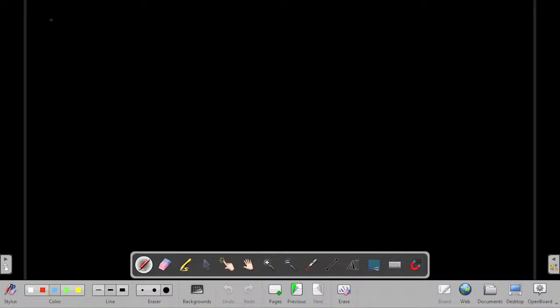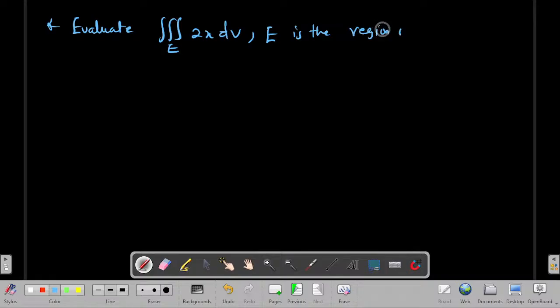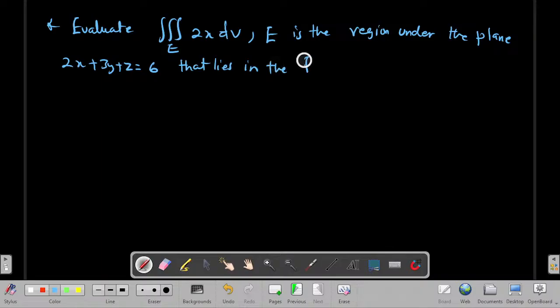So the problem says evaluate the triple integral over E of 2x dV, where E is the region under the plane 2x plus 3y plus z is equal to 6 that lies in the first octant.